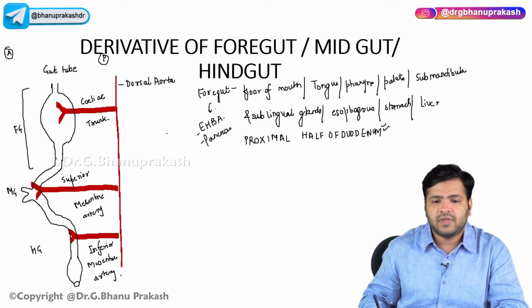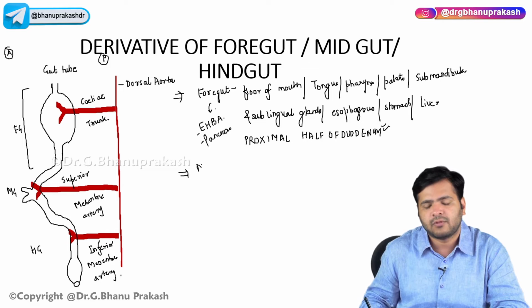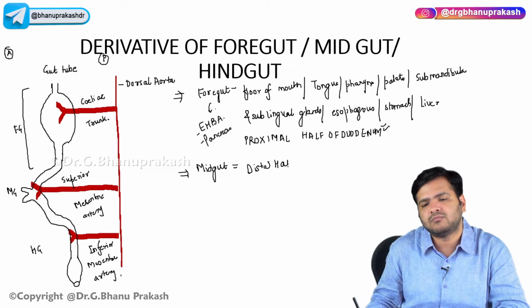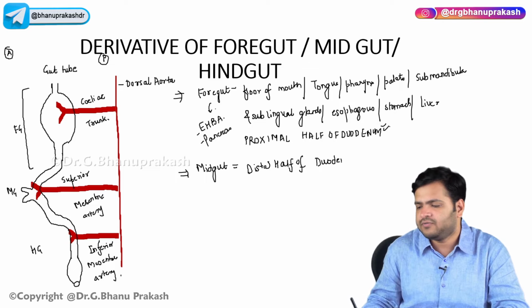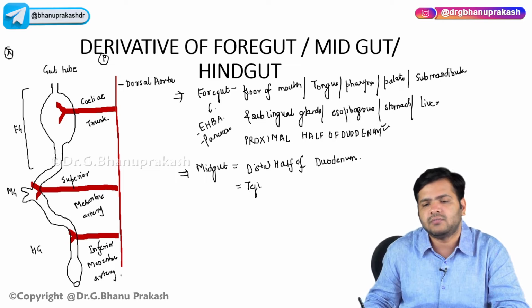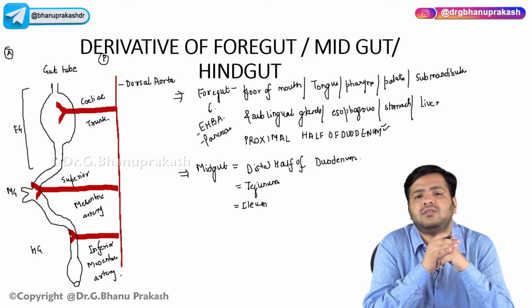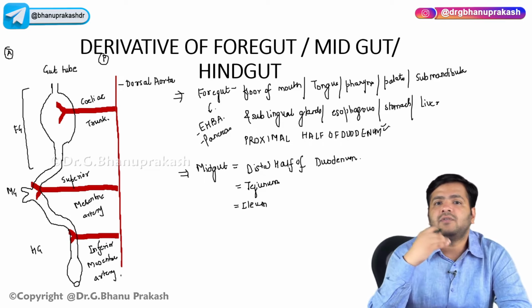Now what will the midgut form? The midgut will form the distal half of the duodenum. It will also form the jejunum and the ileum, all the parts of the small intestine: duodenum, jejunum and ileum.